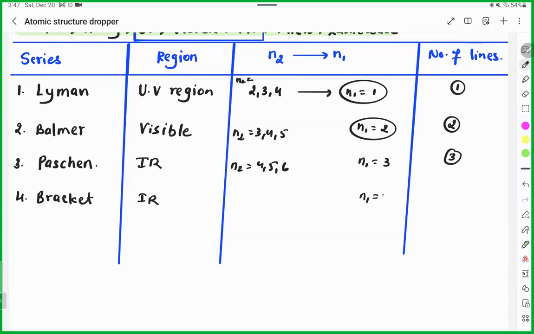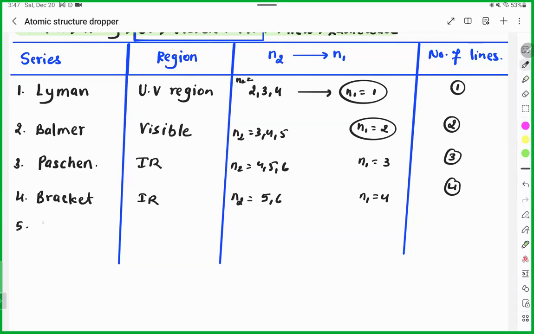The electron will move to the fourth shell, then it will come from a higher position. What could be the number, Marinder? 5, 6. Yes, anything but minimum 5. And Chandana, what will be the number of spectral lines? 4, sir.